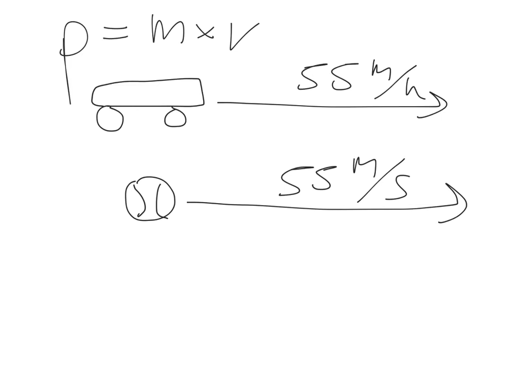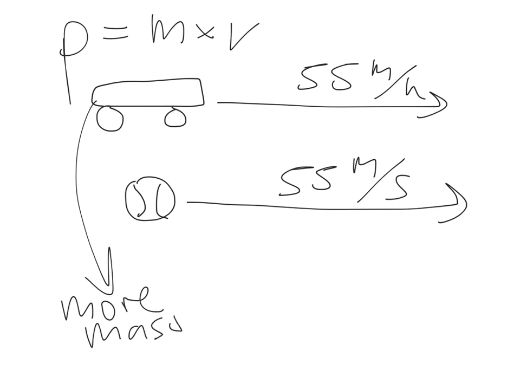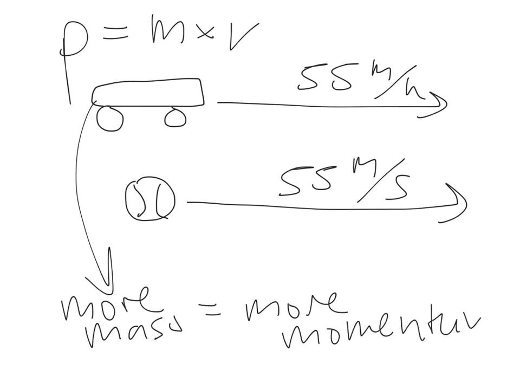However, I can't catch a car traveling at 55 miles per hour because it's got a lot more mass, right? So it's got a lot more momentum. Okay, so more mass equals more momentum.